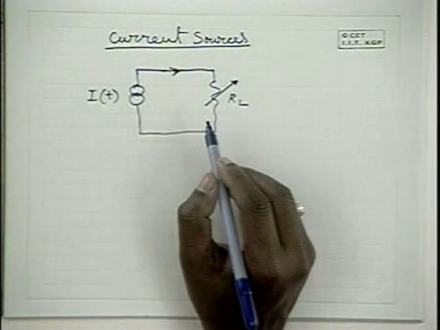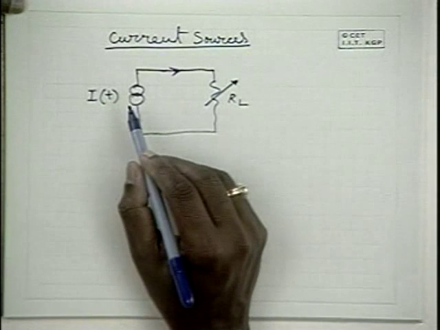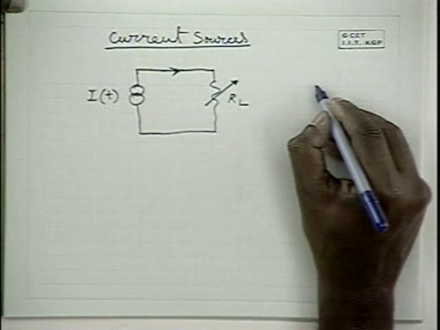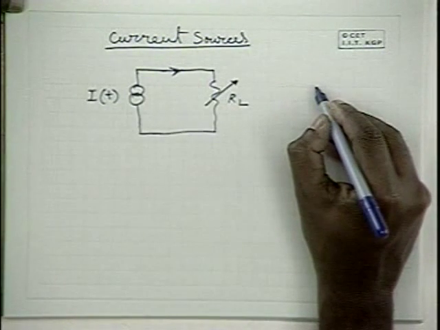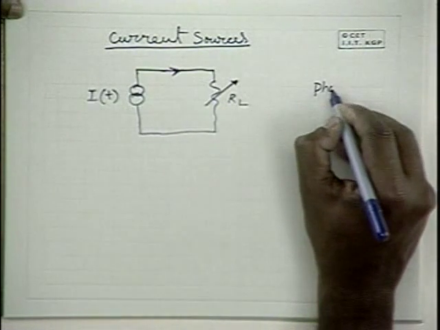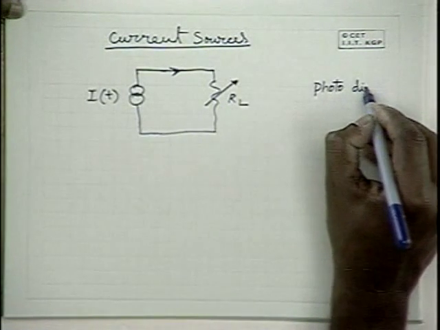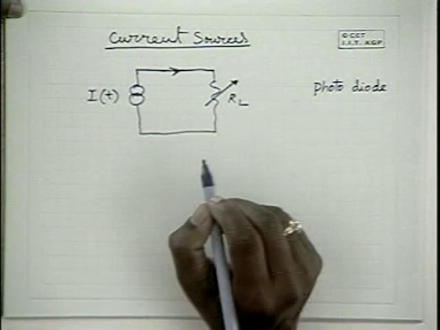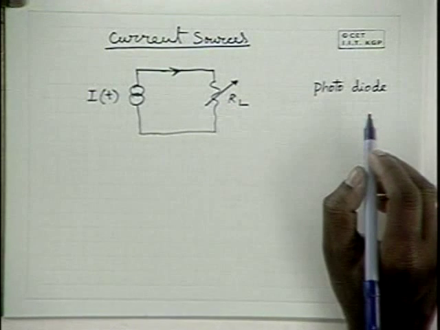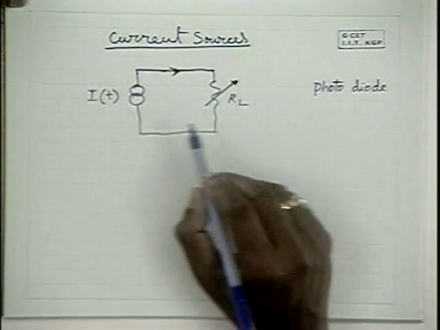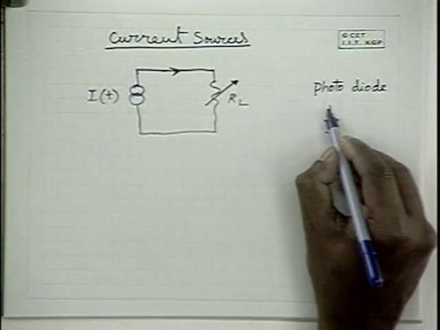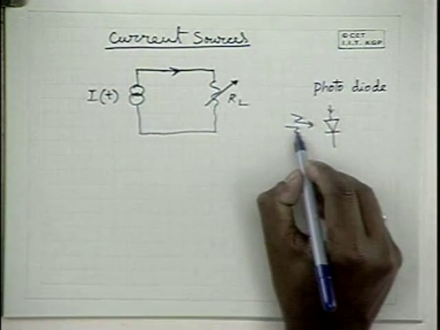An example for such sources is a photodiode. A photodiode can be used as an example for a current source. The current passing through the diode is proportional to the light impinging on the diode.